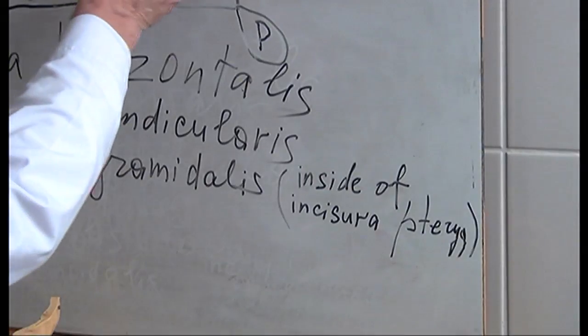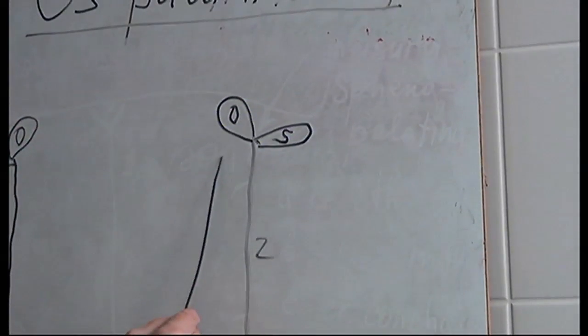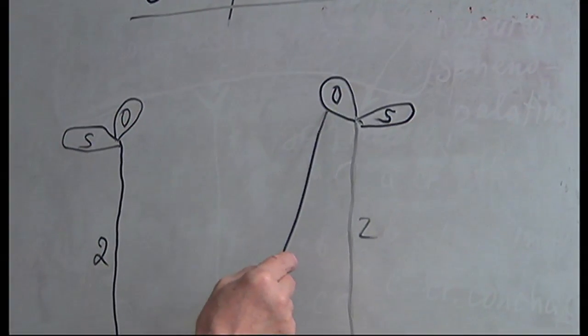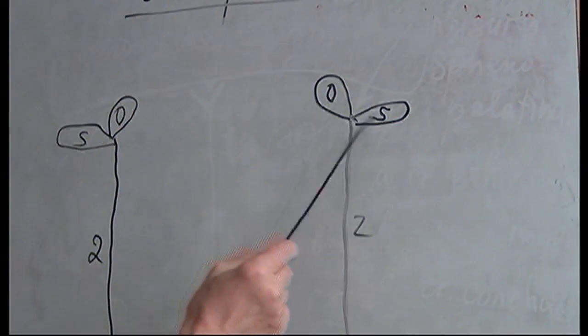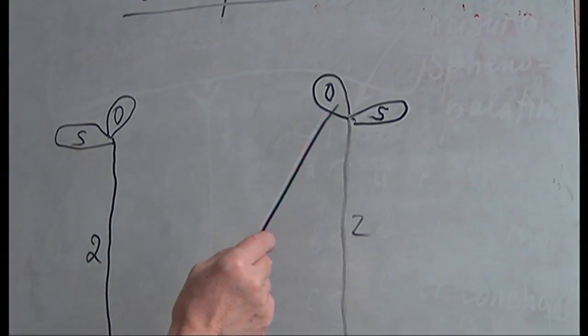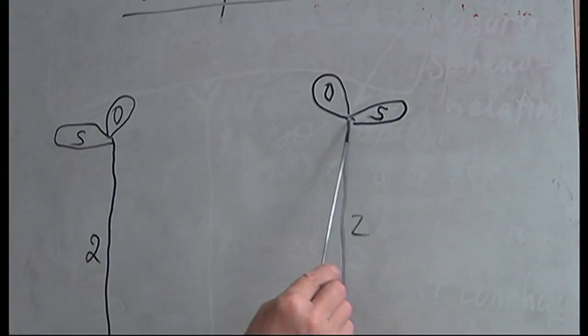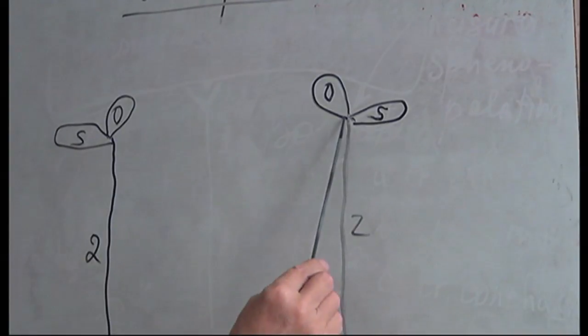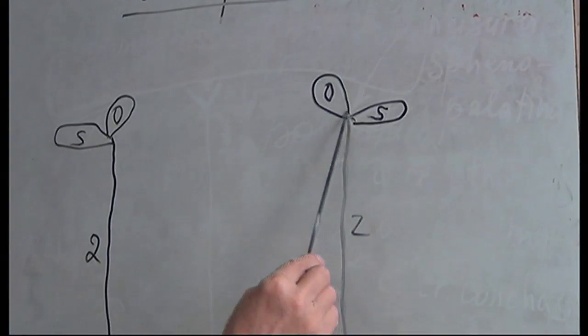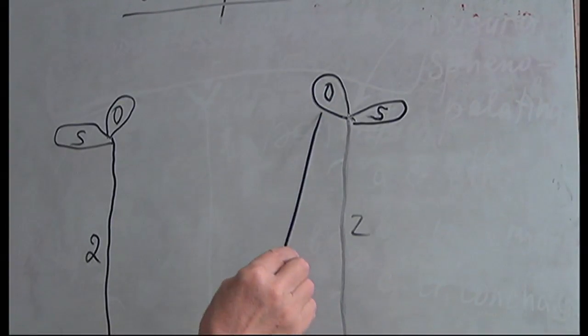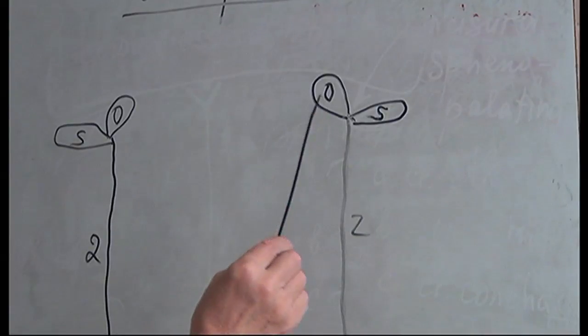Here we have drawn two processes which attach at one point. One of these processes is arranged anteriorly.